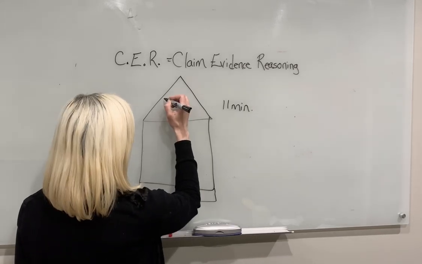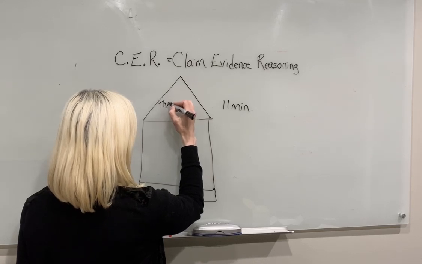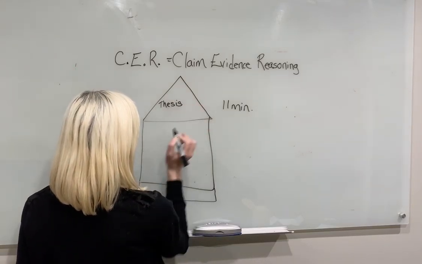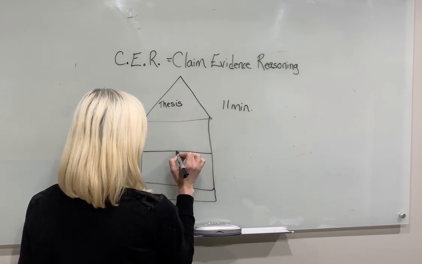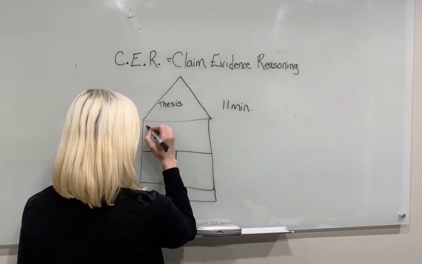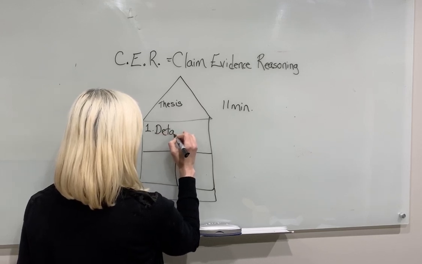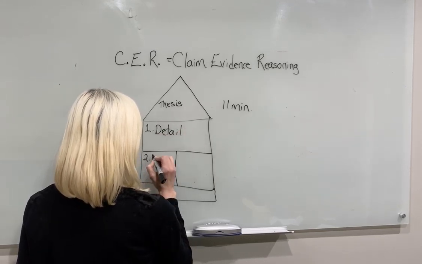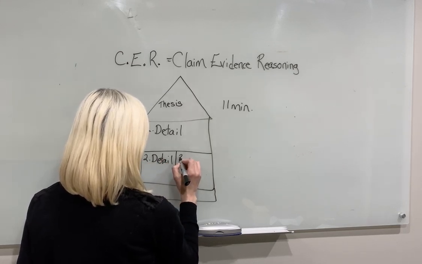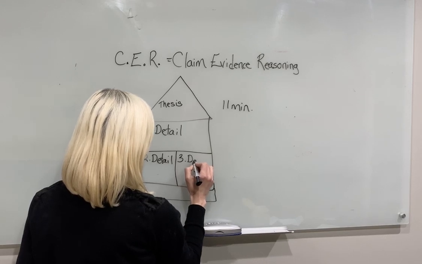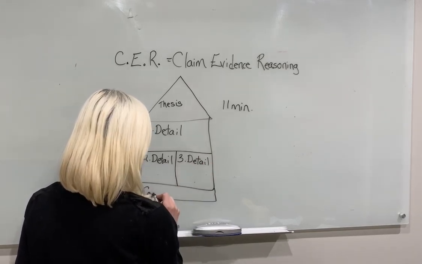And so he'll write his reasoning here. This will be like his thesis statement and the roof of the house, and then maybe we'll make a few rooms, and he'll do supporting detail number 1, supporting detail number 2, and supporting detail number 3, and then the basement is his conclusion.